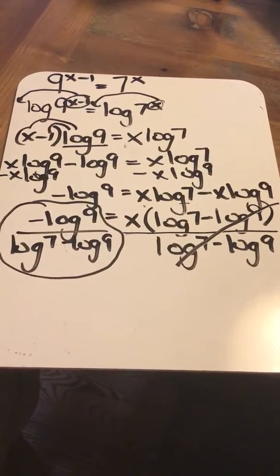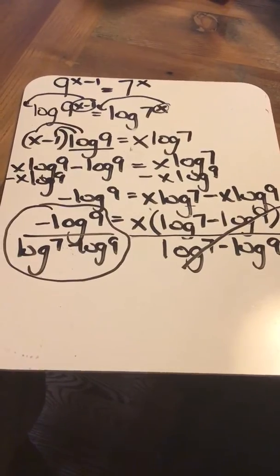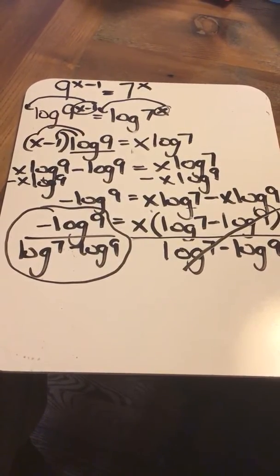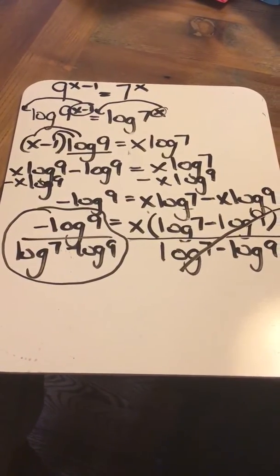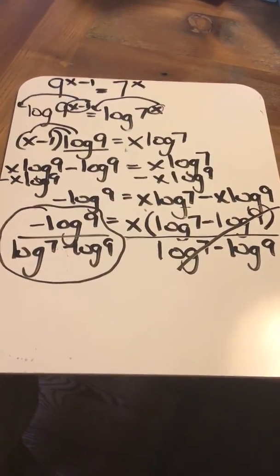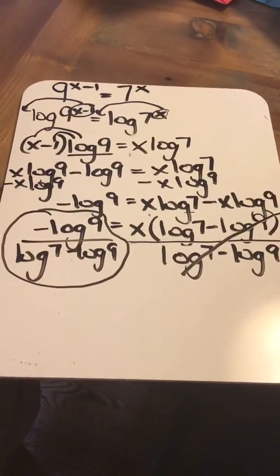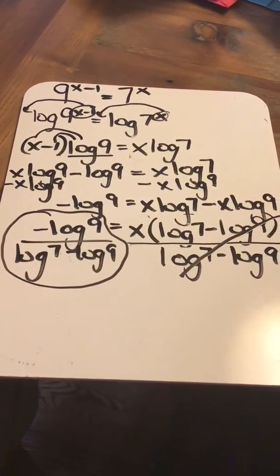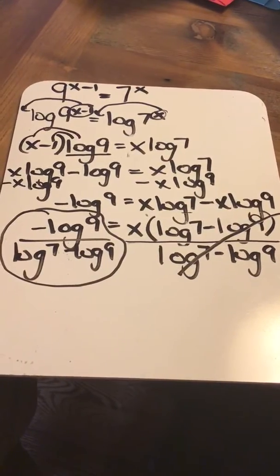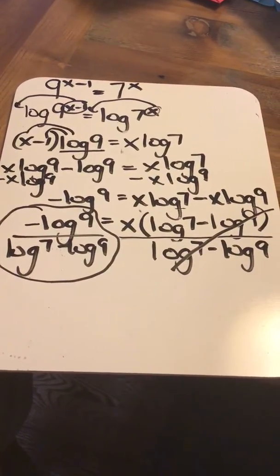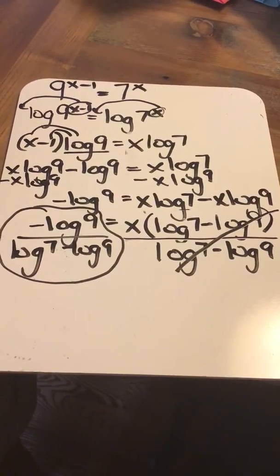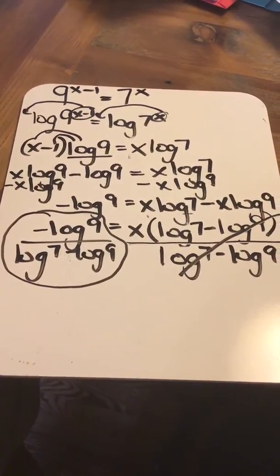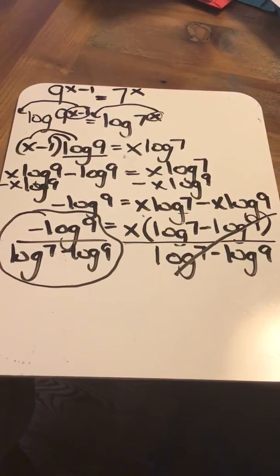So I would go ahead and do my negative log 9 and get an answer. I'm going to leave it in my calculator. And then I'm going to go ahead and divide that by my log 7 minus my log of 9. Making sure that you put parentheses around this stuff.